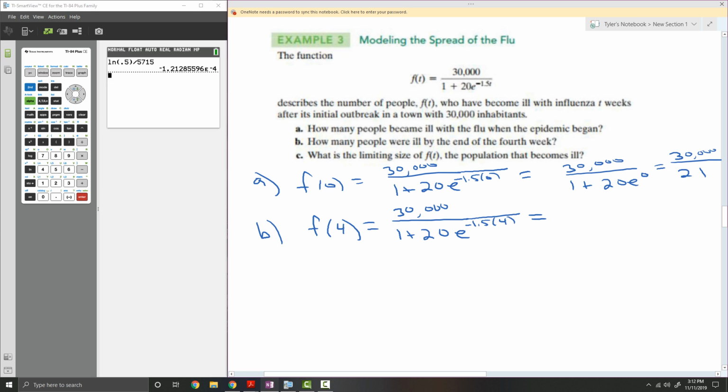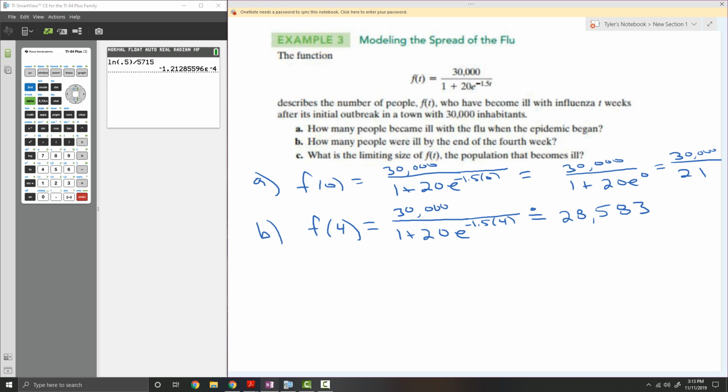If you plug that in your calculator, you should get approximately 28,583. So 28,583 people were ill at the end of week 4.